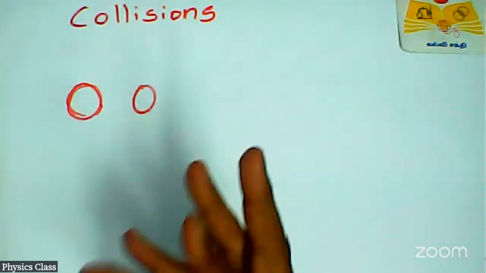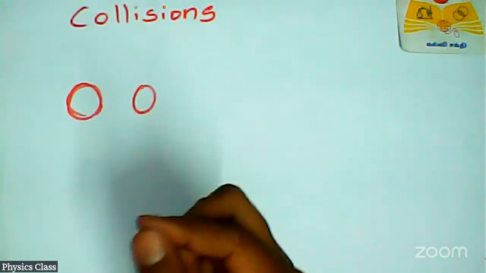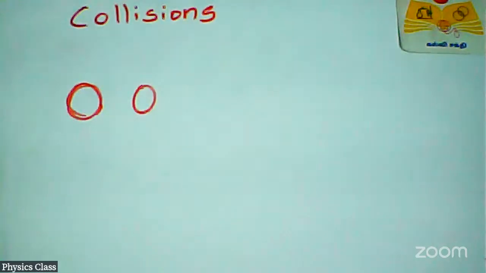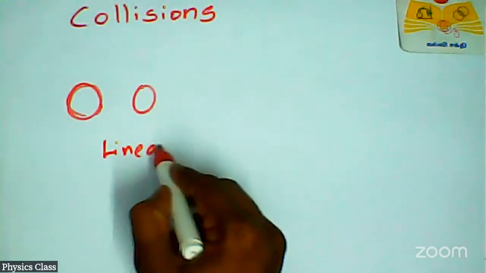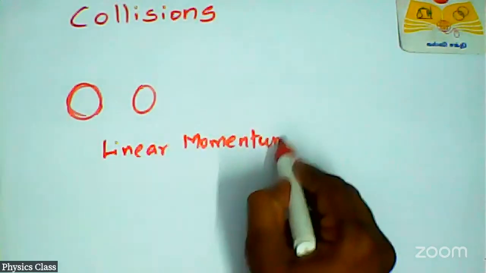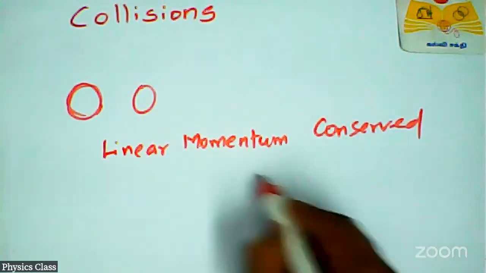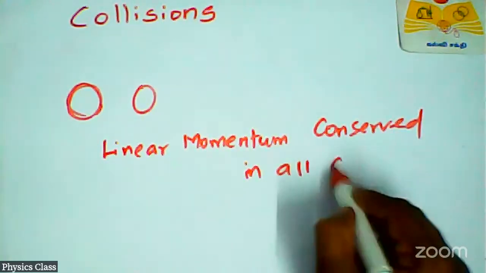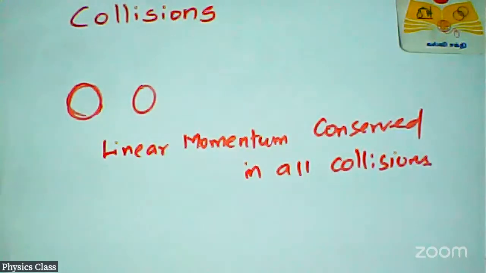In all collisions, there is one quantity that is considered, and that is linear momentum. Linear momentum is conserved in all collision processes.